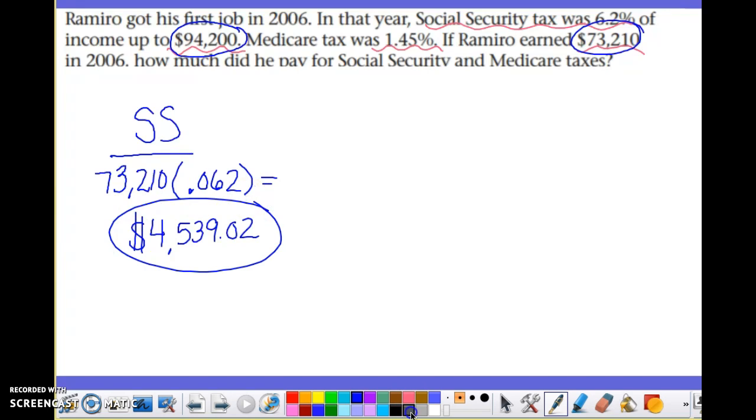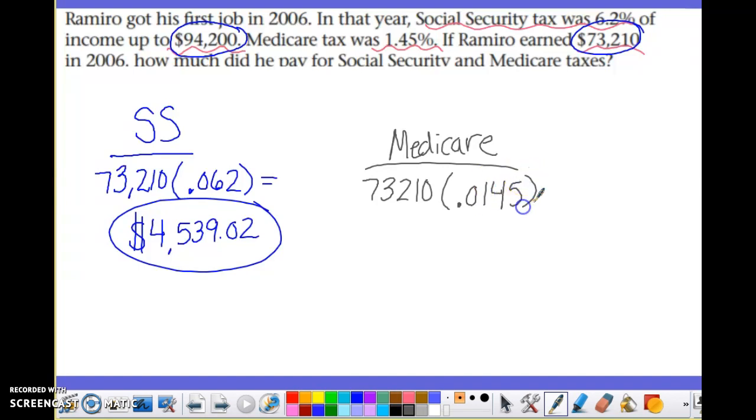Next, for Medicare taxes, it says the tax is 1.45%. So again, we take his income, the $73,210, and multiply by 1.45%.